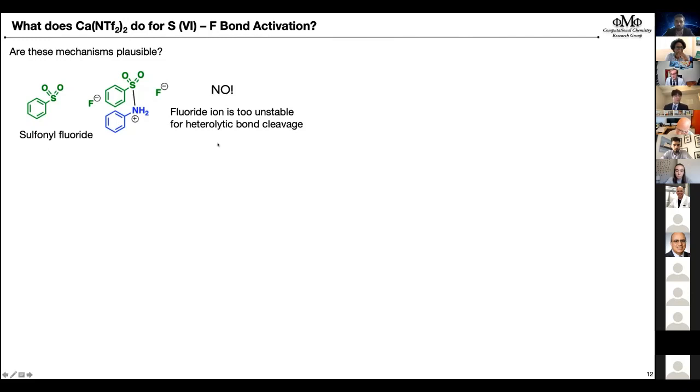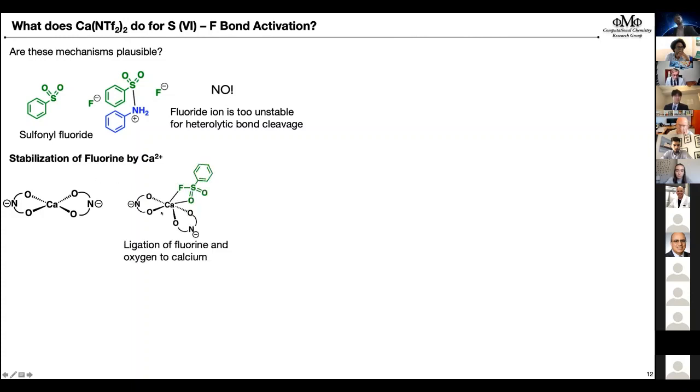So what do we have in our reaction flask? We have calcium triflimide. And calcium can act as a stabilizer of the fluorine that's developing a negative charge. Prior to any reaction occurring, calcium can ligate to fluorine, so that as a negative charge develops on the fluorine atom, calcium can act as a stabilizer through Lewis acid and base interaction. And our computed transition states see this as a requirement in both pathways.